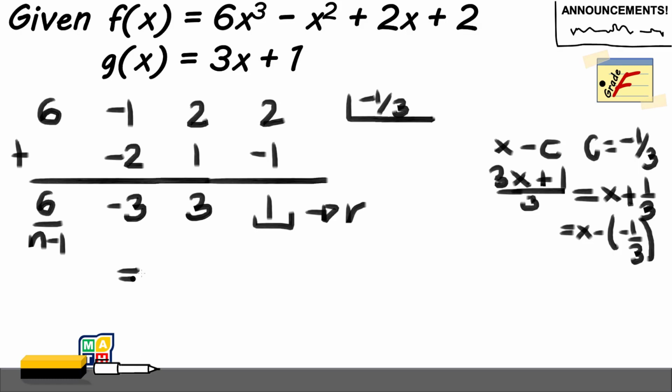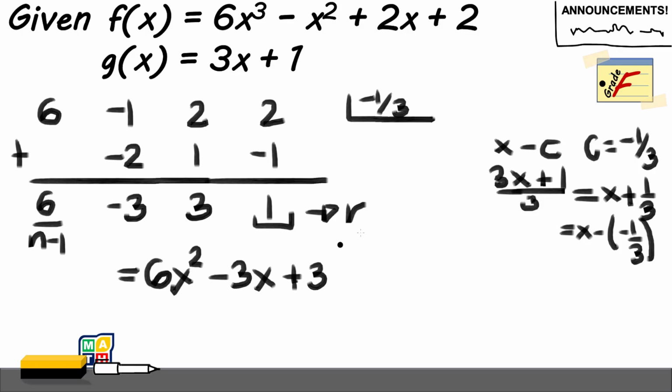So that is actually the coefficient of your x squared. So you have 6x squared, to be followed with negative 3 for the x term, and we have your constant here, positive 3. This is now the quotient of your two functions using synthetic division.